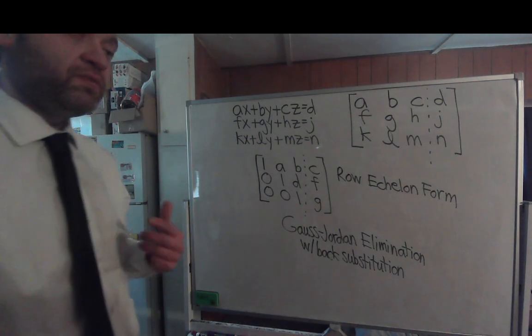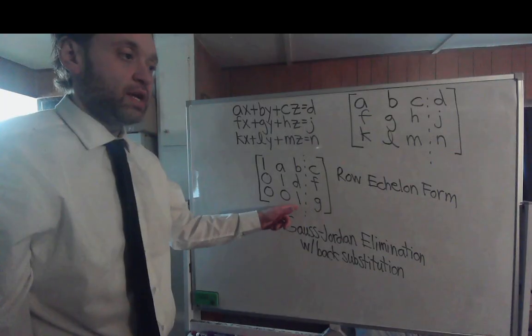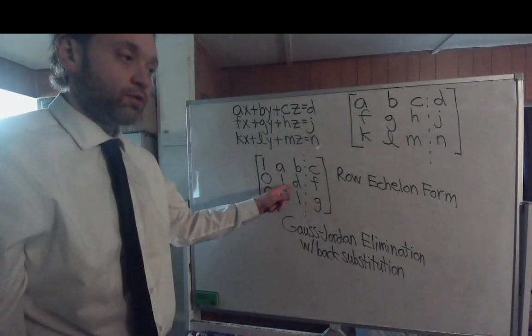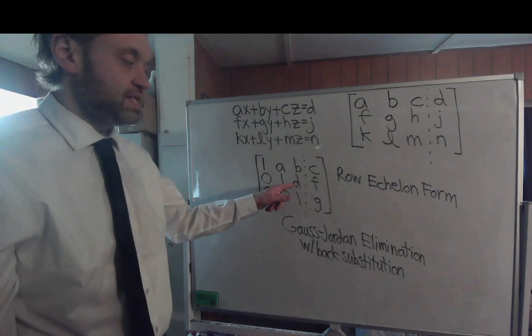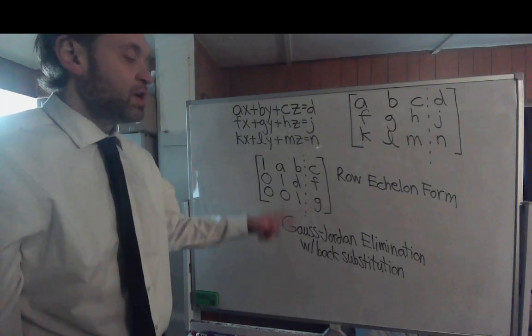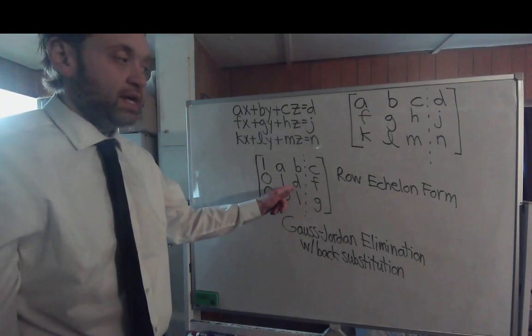What you'll do is you'll find that value of the z variable, then you'll put that into your second row, which would really be 1y plus dz equals f. Put that z value in and solve for y.